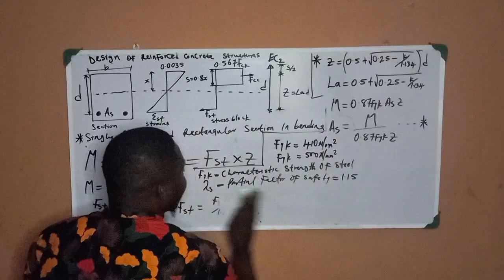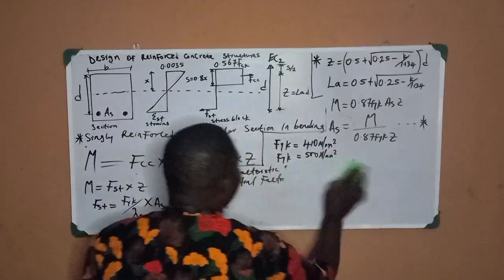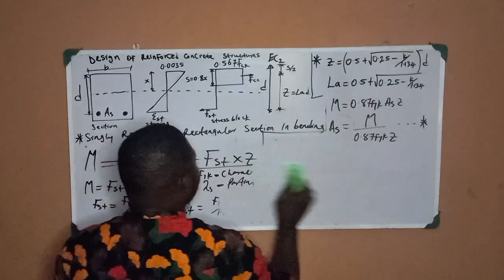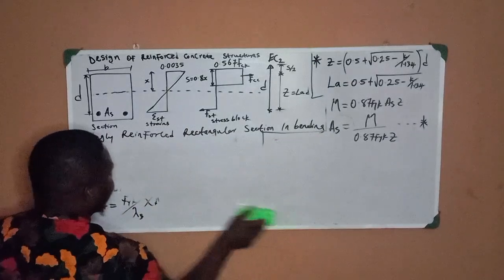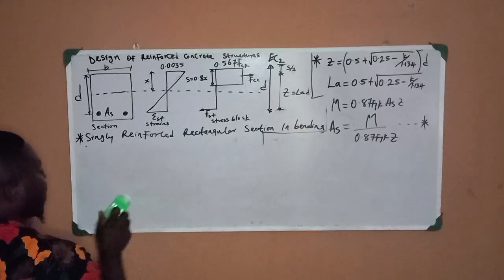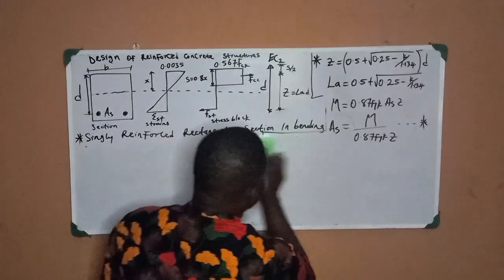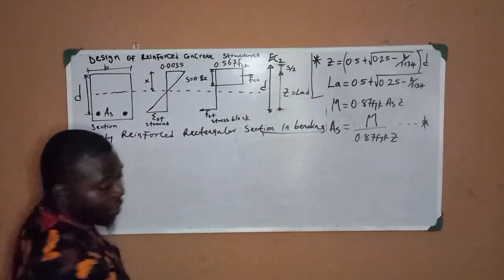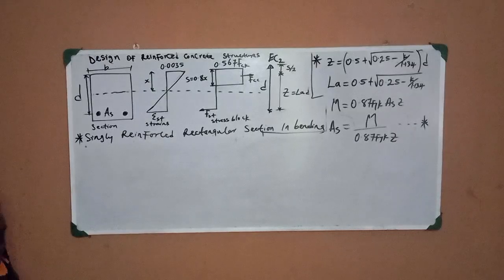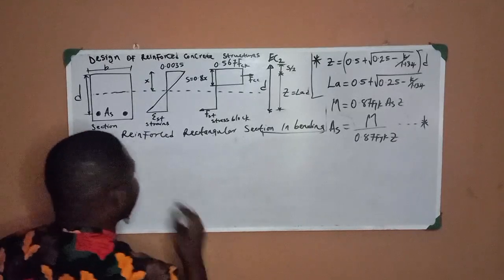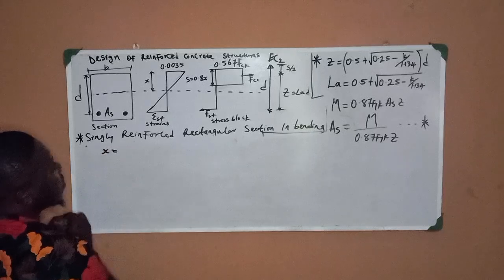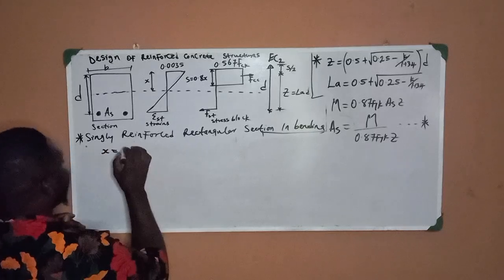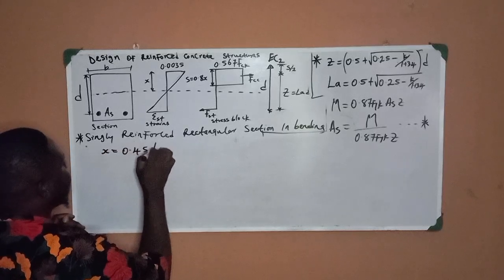Mind you, for a singly reinforced section, the values of x and z are always limited. x is always limited to 0.45d.